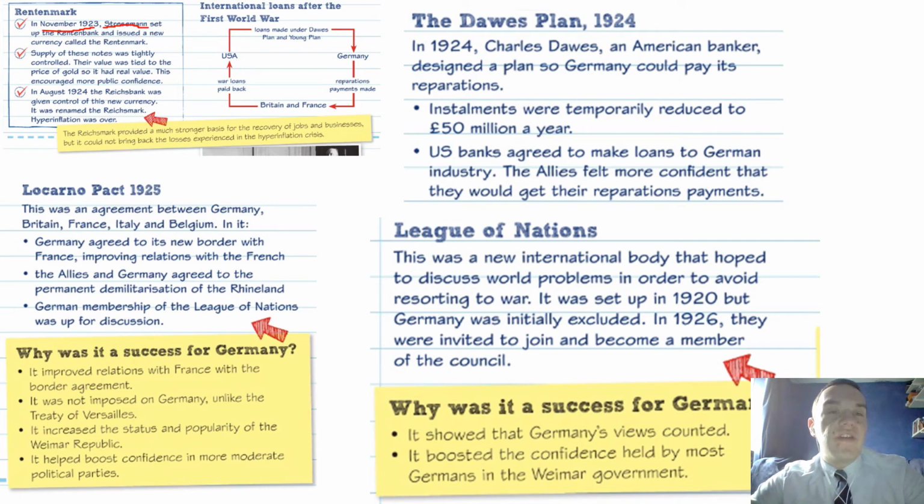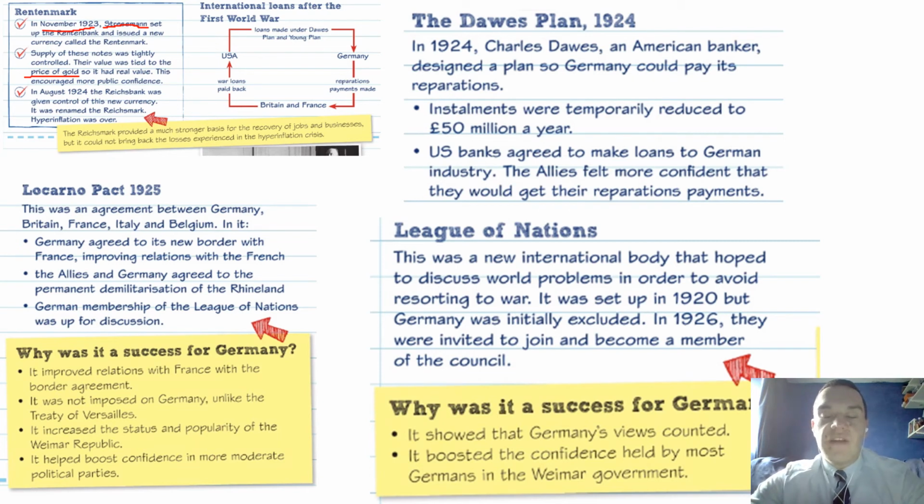And he issued this new currency, so it's new money. He's replaced the old money entirely. So supply of these notes was tightly controlled, and their value is tied to the price of gold. So that's very important, tied to the price of gold.